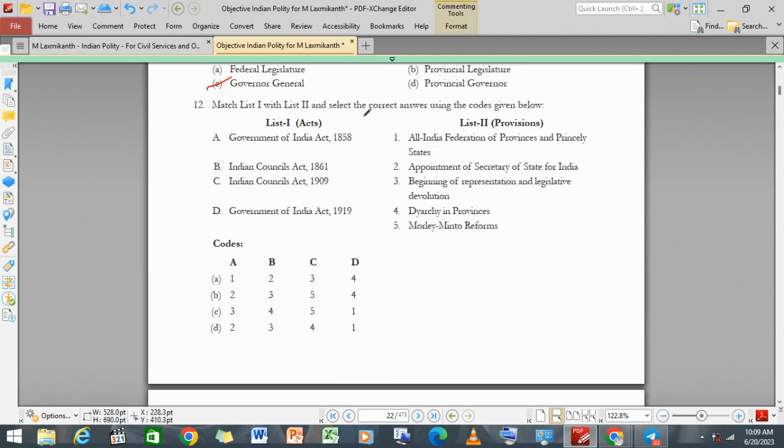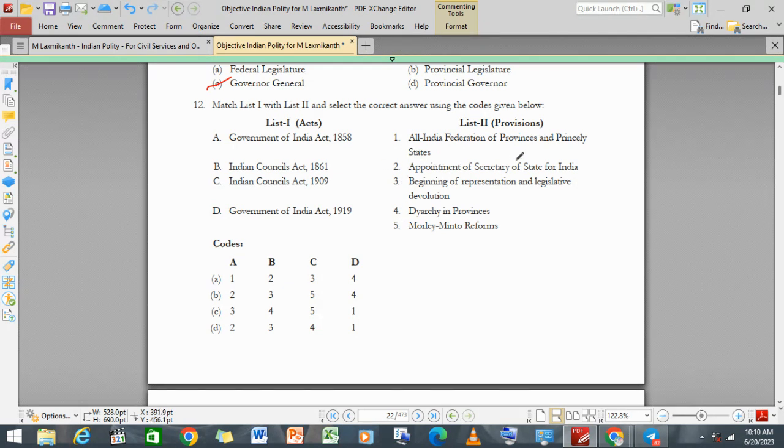Thereafter, the match the following. Here we have All India Federation of Provincial and Princely States. This was in 1935, right? All India Federation of Provincial and Princely States. I believe 1919 was the most recent one, the latest.